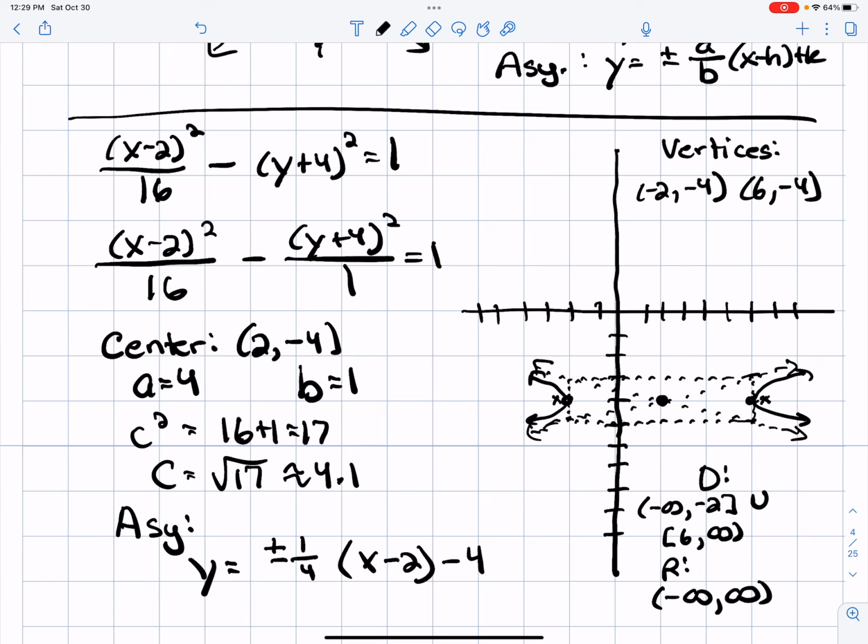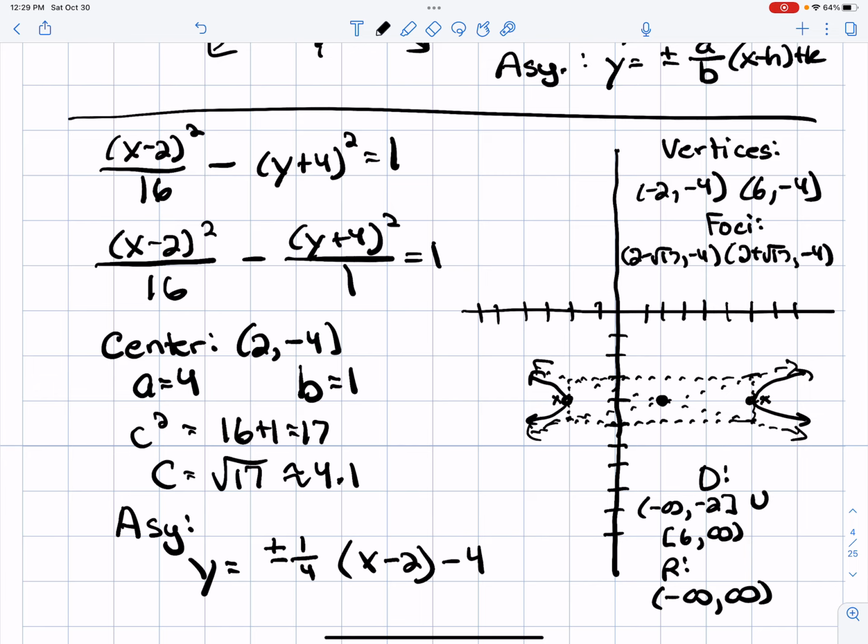And then for foci, you're taking 2 plus square root of 17, -4, and you're taking 2 minus square root of 17, -4. That's how you get your foci. Now I think I've about covered all of it. So that's how you deal with what if it's centered elsewhere with h, k.